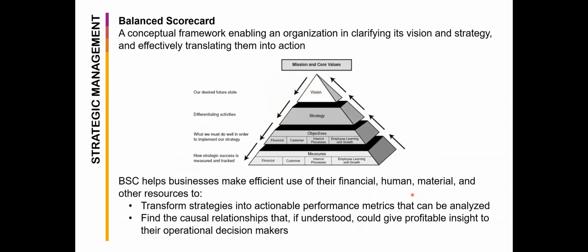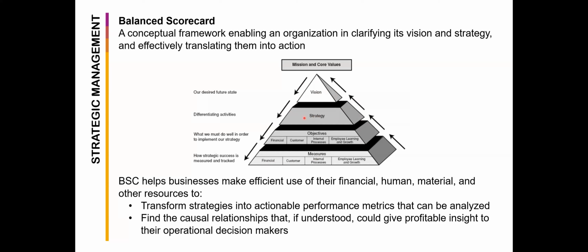Now, we have this framework called the balanced scorecard. So it basically ties down your vision to each strategy, to each objective, and gives them specific metrics. Okay, so from the vision, which is the desired future state, we have these strategies, which are our differentiating activities, or how do we move to implement the vision.